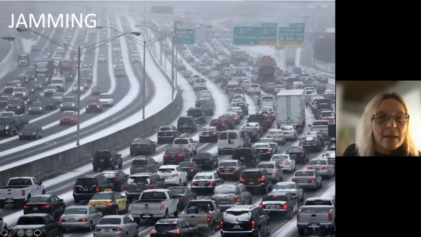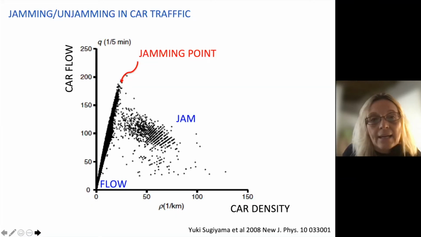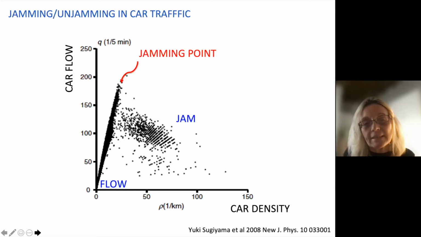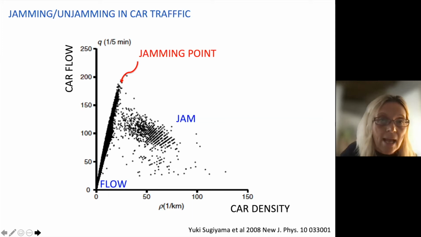I use these examples because we can try to keep some context and some thoughts of what we did in this field. So you see here cars, this is a classical jamming. The literature is quite huge, but for example, this paper that appeared in 2008, if I remember well, shows that it is possible, for cars, according to the car density, to move from a jammed situation to an unjammed one, and there is a jamming point that is car density dependent.